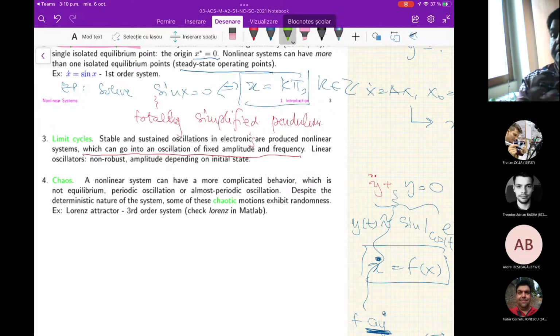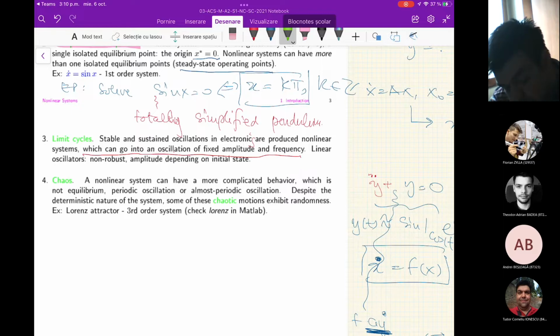And despite the deterministic nature of the system, because the system is usually defined by equations, if you plot the behavior, it looks like chaos. A deterministic nonlinear system may exhibit chaotic behavior, which is also something very peculiar to nonlinear systems.